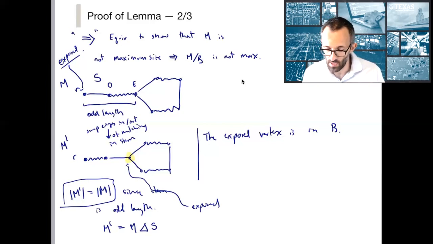Okay? So we're going to use that augmenting path to find an augmenting path in the contracted graph, which is exactly going to imply that there is an M mod B augmenting path.